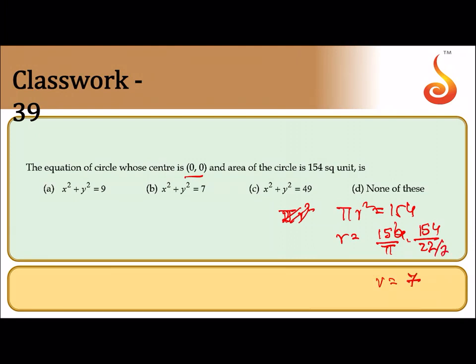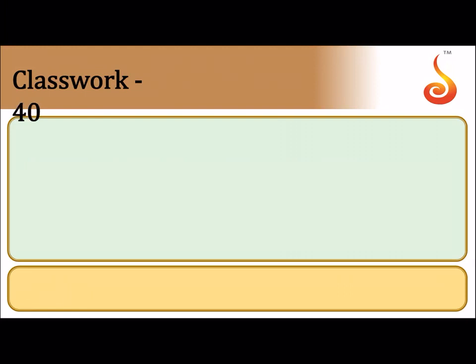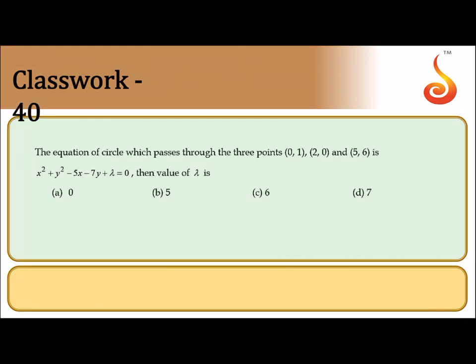We'll get the value of r. Value of r, we get it as 7. Once you know the r, equation of circle with center we know. So option C is correct. X square plus y square is equal to 49.